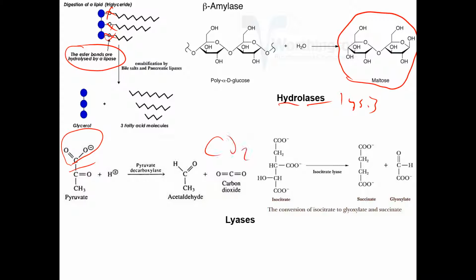Here you have another lyase enzyme. You have isocitrate, which is an isomer of citrate. Isocitrate lyase takes isocitrate and breaks it apart into succinate and glyoxylate.